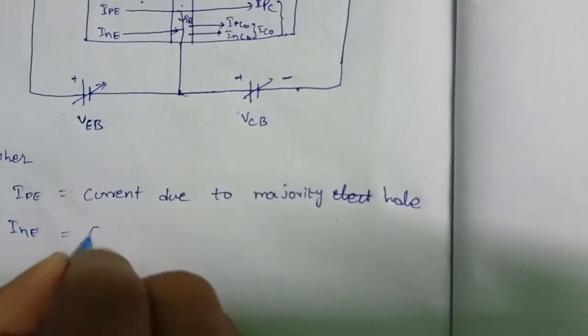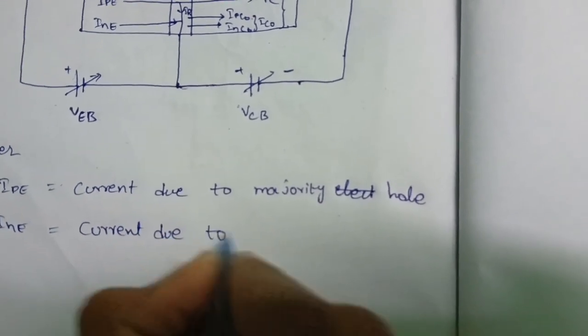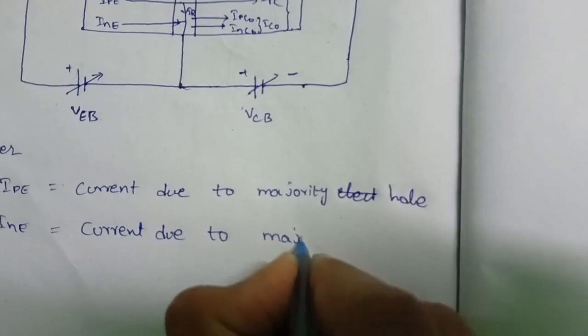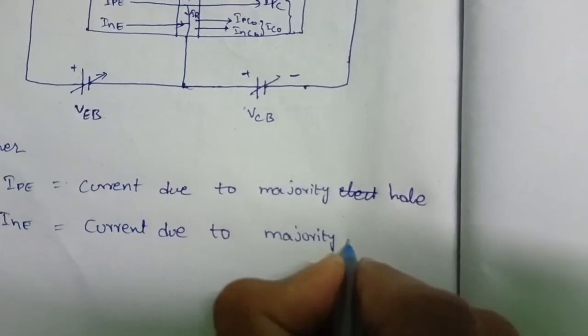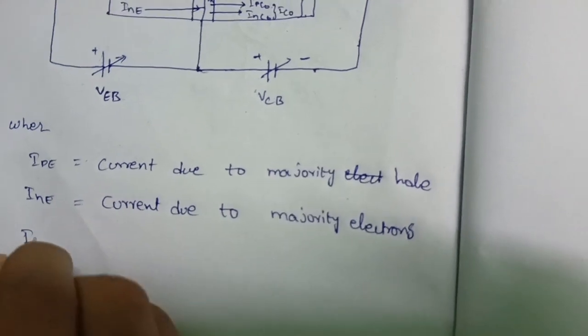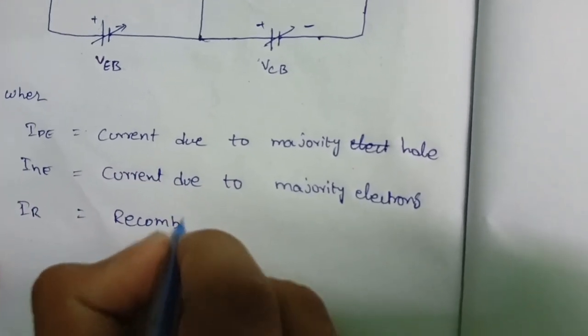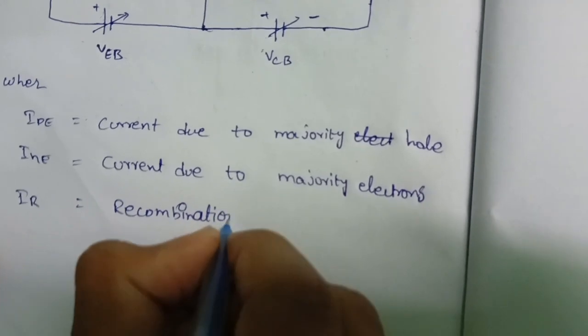INE is the current due to majority electrons, and IR is the recombination current.